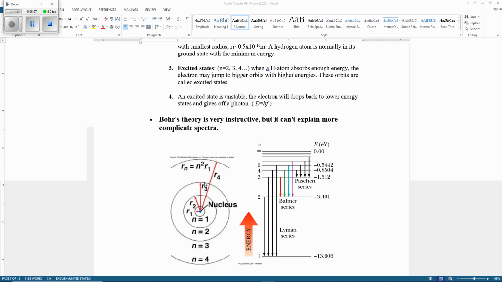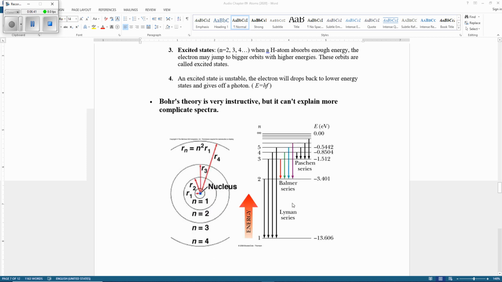What happens? The electron will come back to the ground state again, from high energy back to low energy. This energy difference equals the energy of the photon. So when electrons go from the second one to the first one, from the third one to the first one, or number 4 back to the first one, different energies will give you different photons with different colors.